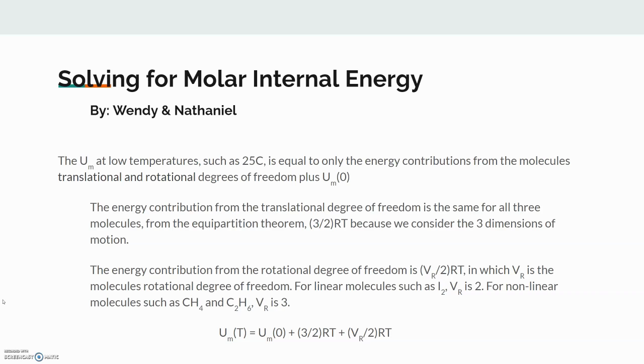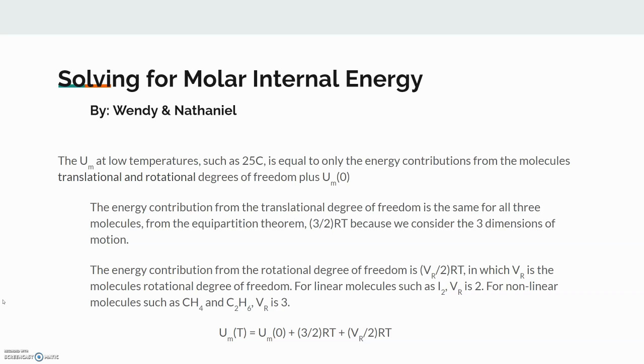The energy contribution from the translational degrees of freedom is the same for all 3 molecules, because we're in 3D, and from the equipartition theorem, we know that it's 1/2 RT of energy per dimension. So 3 dimensions gives us 3/2 RT. The energy contribution from the rotational degrees of freedom is v_r/2 times RT, in which v_r is the molecule's rotational degrees of freedom.